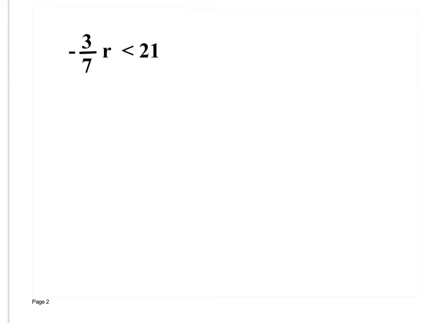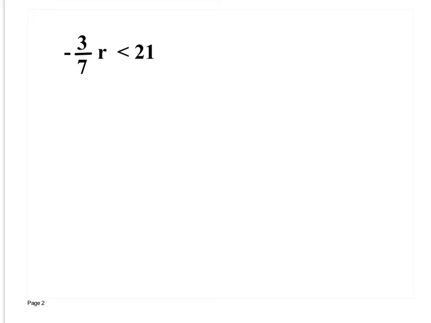Write this down. Negative 3/7 R is less than 21. I've got to get R by itself. I'm multiplying by negative 3/7's reciprocal. Normally when we multiply by a number, we divide, but we can't do that with fractions. Right? So we treat it just like there's an equal sign there. To get rid of the fraction, I multiply by the reciprocal, which would be 7/3.